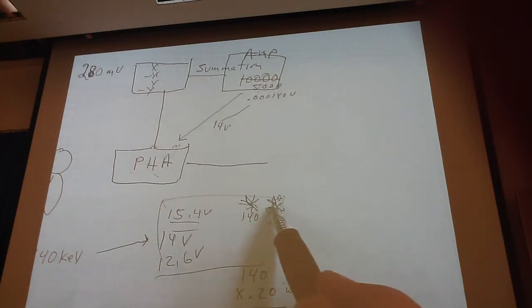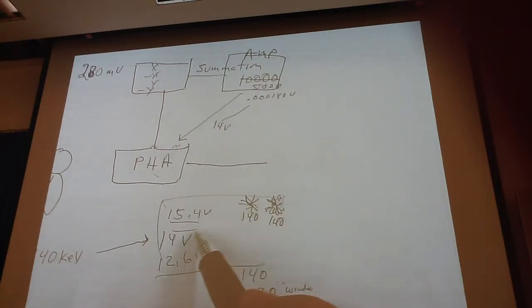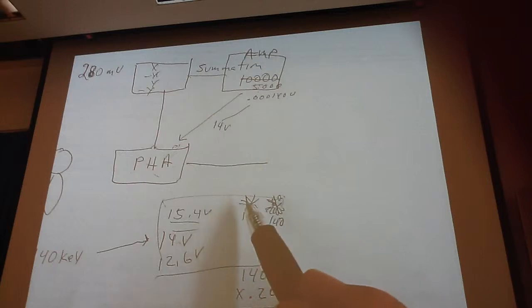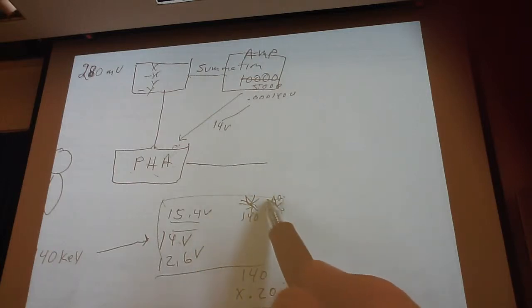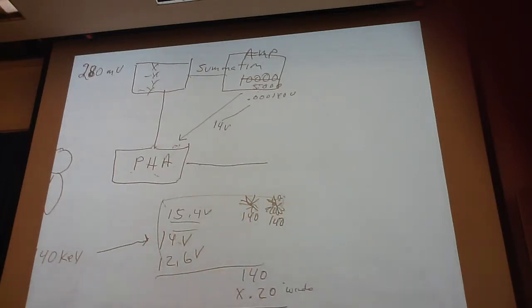Or if it gets partial energy from one of these, I can add that to the 14 volts here, and that event will be recorded, so I don't lose everything completely. Does that sort of make sense?